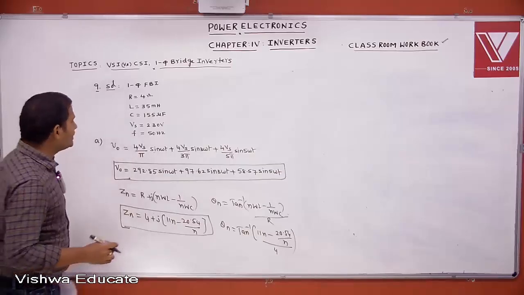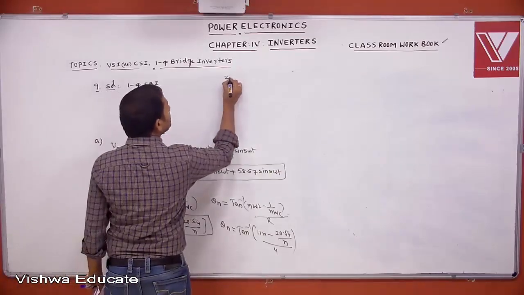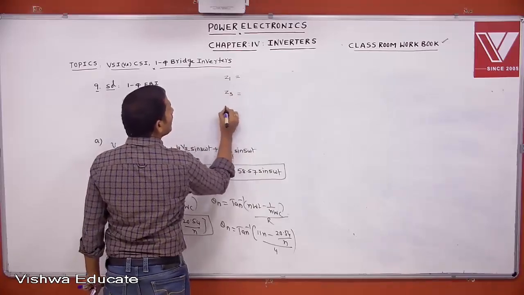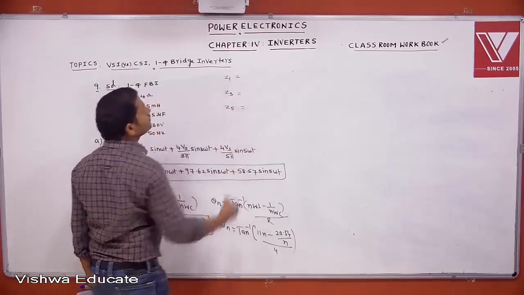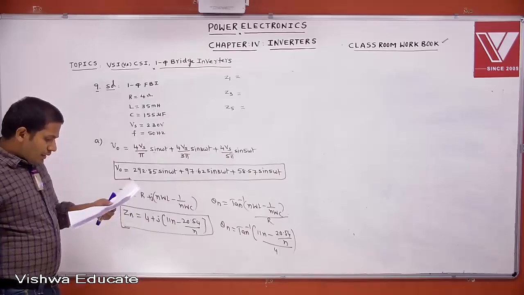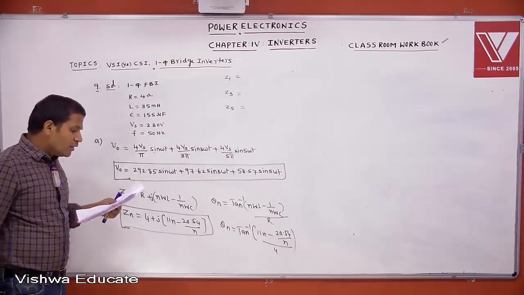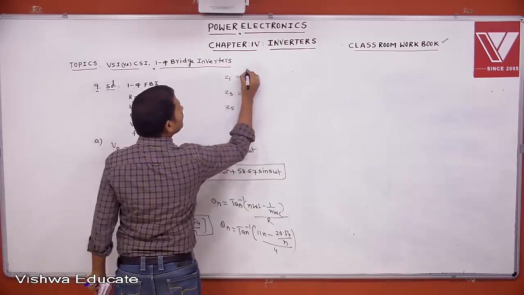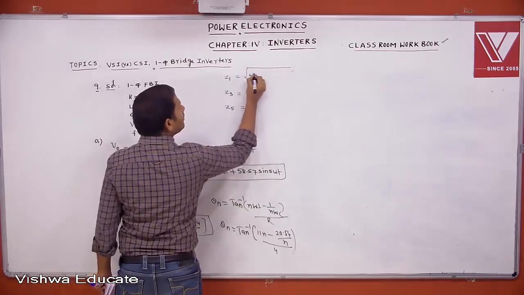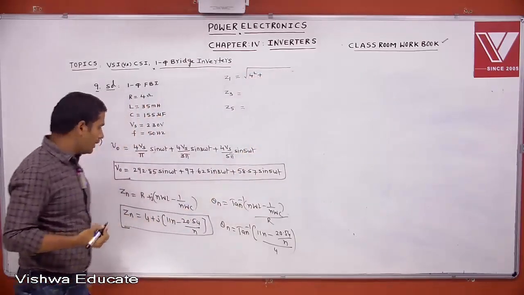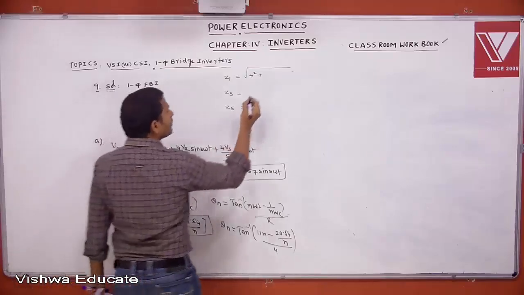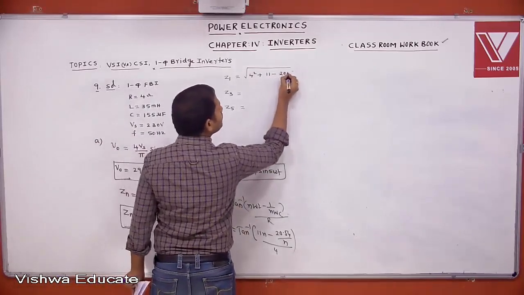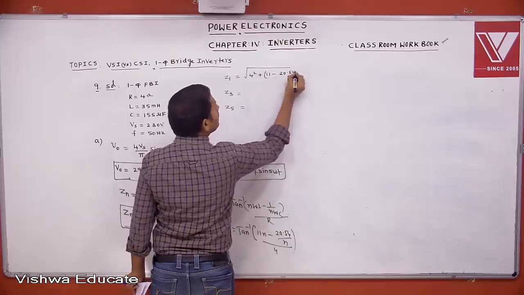Once you know Zn and theta n, then I want to calculate Z1, Z3, and Z5. Z1 equals square root of 4 square plus, with n equal to 1, (11 minus 20.54) whole square.